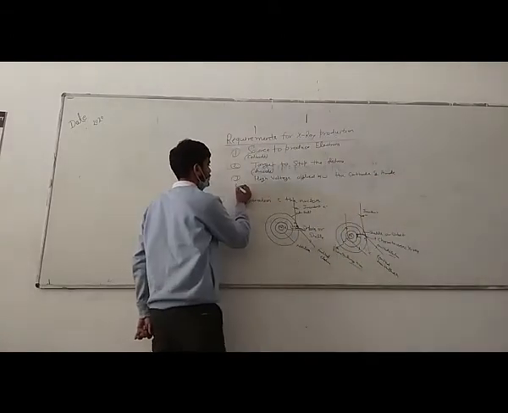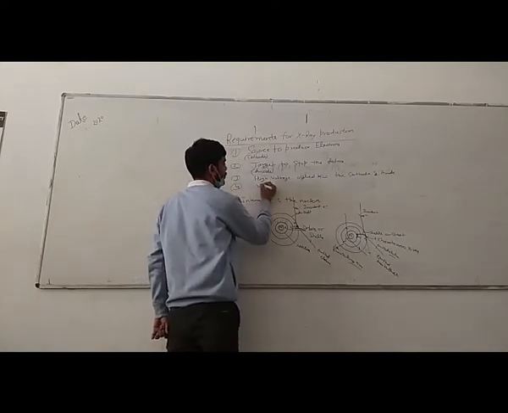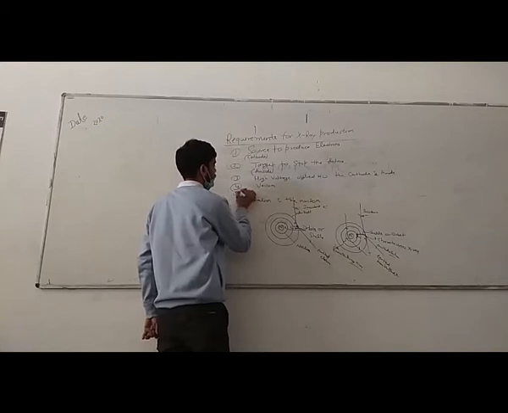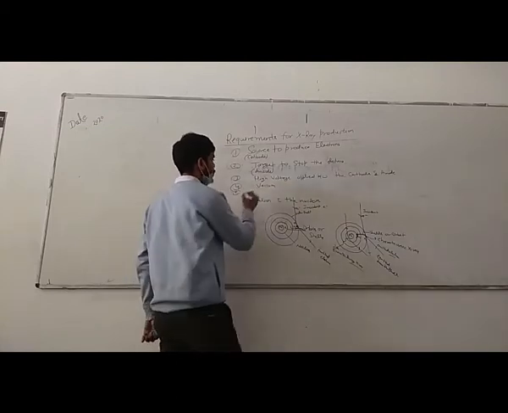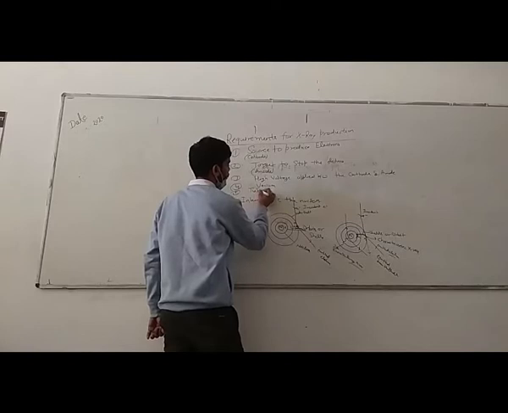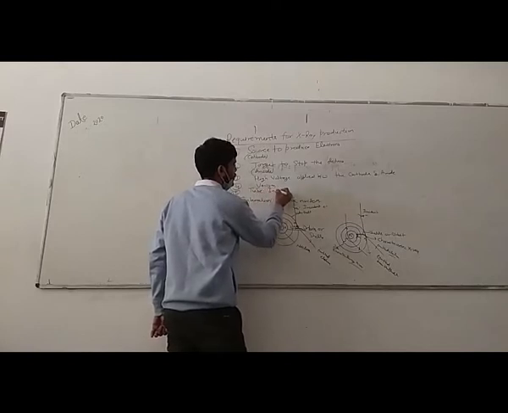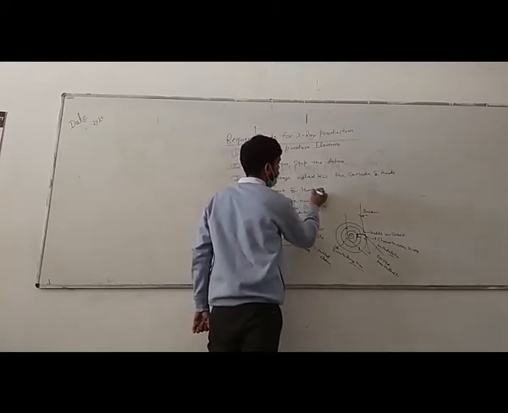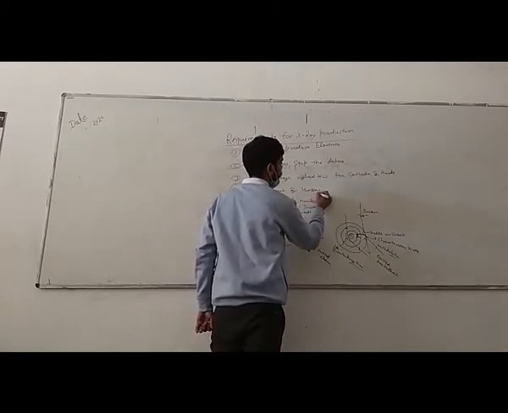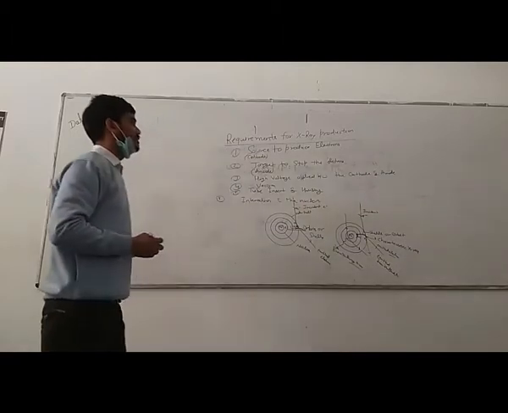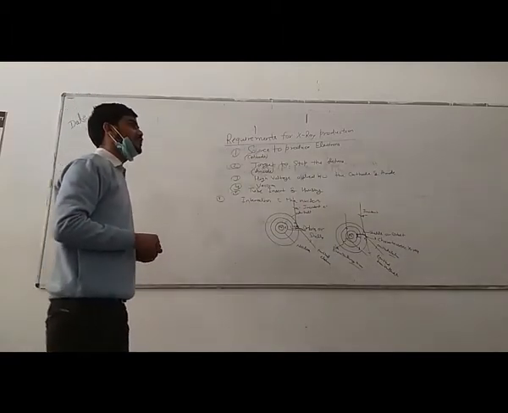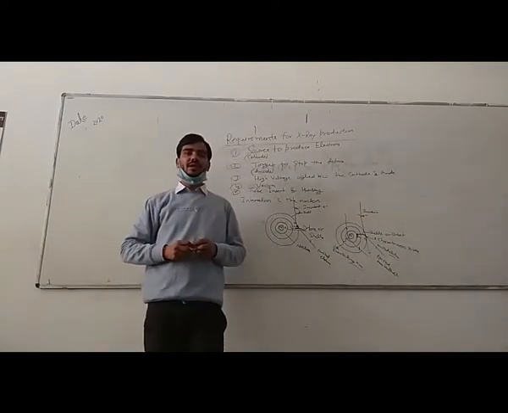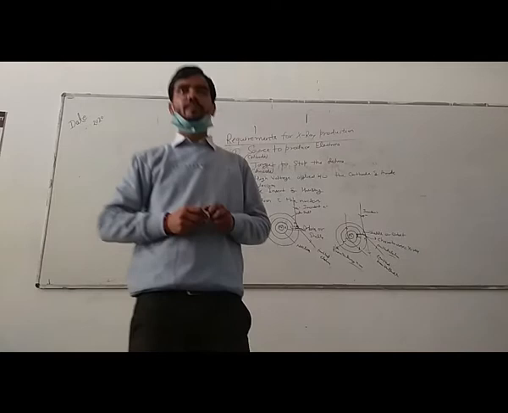Fourth requirement is vacuum. Fifth requirement is tube insert and housing. Okay, these are the requirements or needs for the X-ray production in X-ray tube.